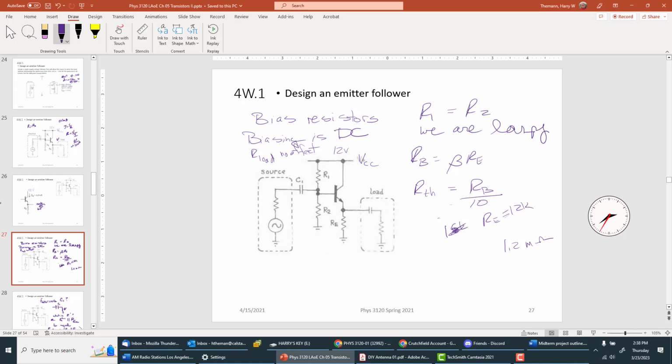So that means that we need our Thevenin of our bias network equal to 10 times, right? So that is equal to 0.12 megohms, or 120K. So if the two of them are equal, that means we need two 240K resistors for the bias network.